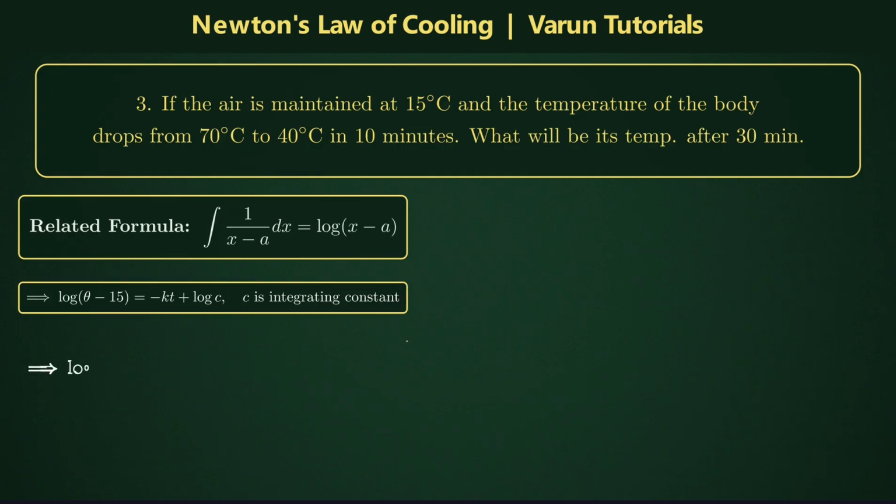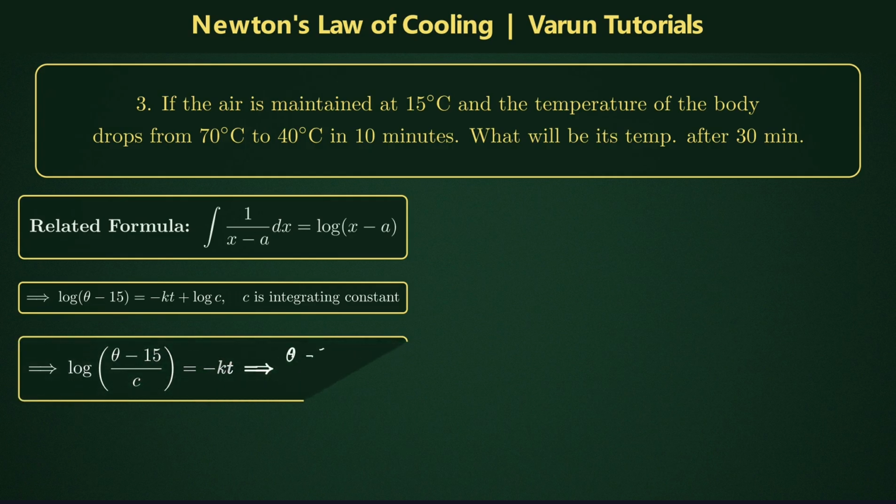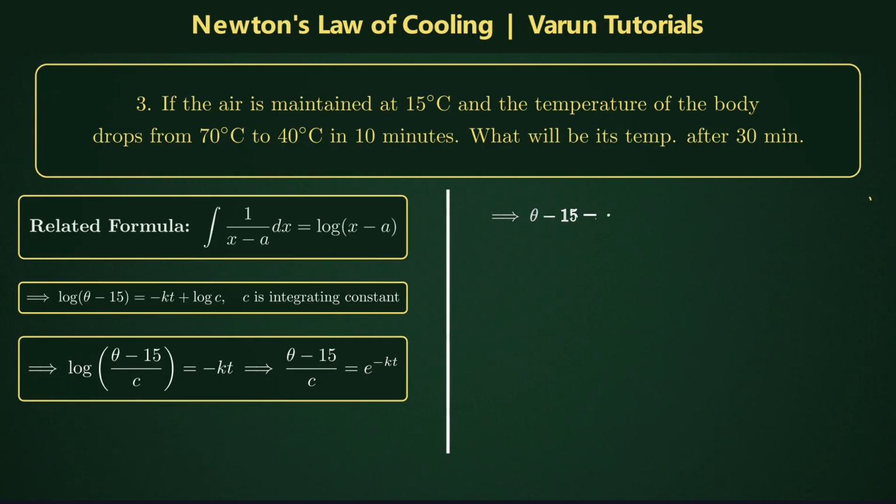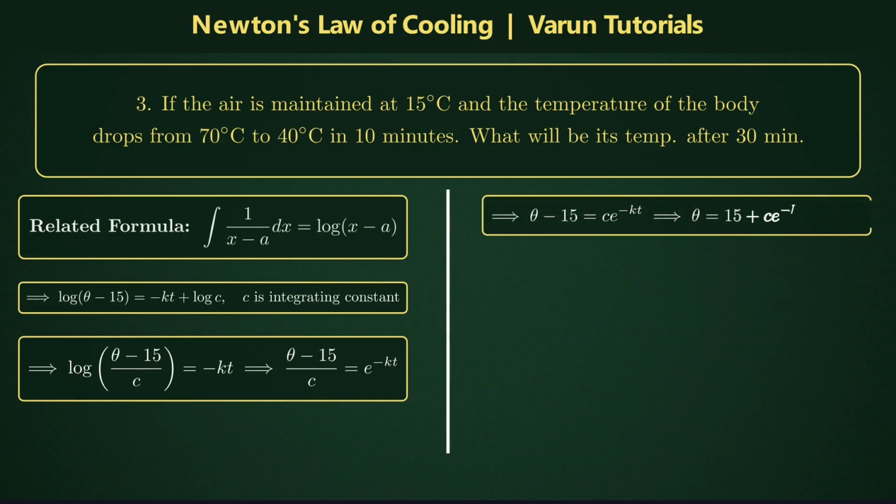Subtracting log c and taking the exponential on both sides, we get log of theta minus 15 over c equals minus kt, which gives theta minus 15 over c equals e to the power of minus kt. This simplifies to theta equals 15 plus c times e to the power of minus kt. We label this as equation 2.